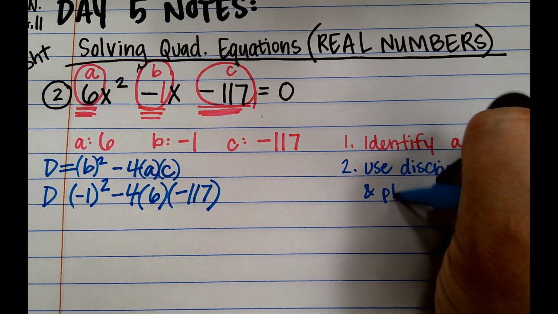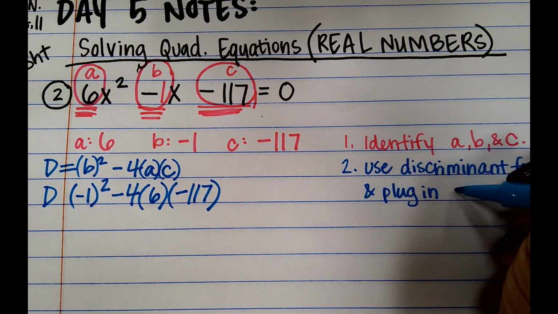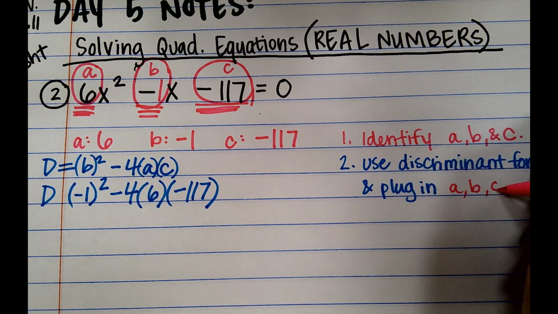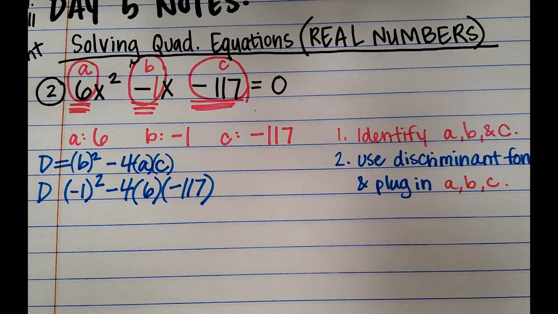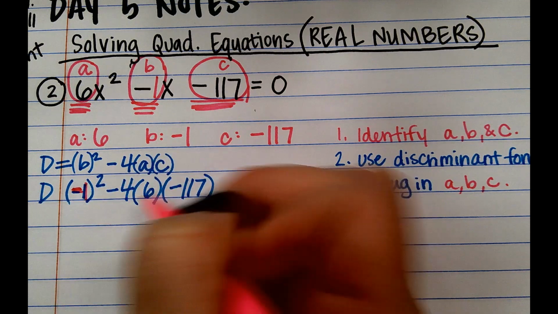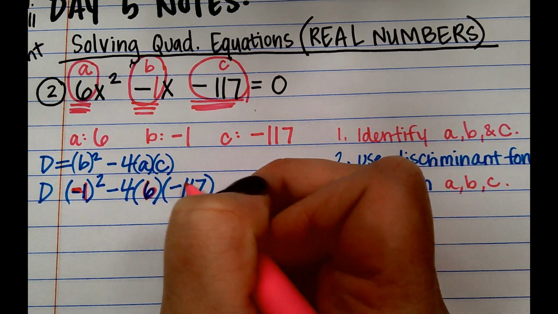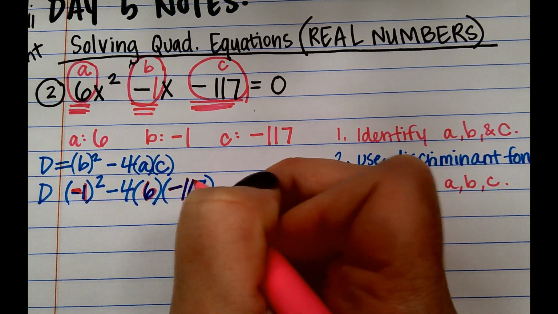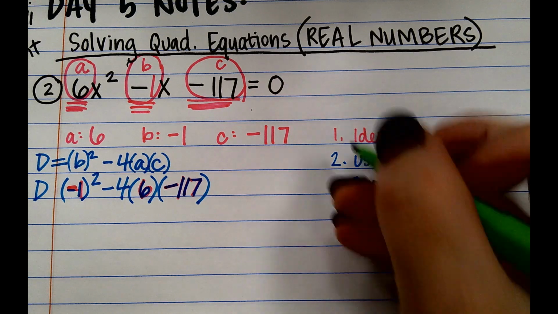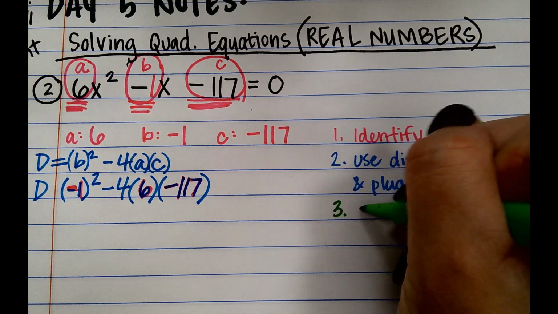And plug in A, B, C. Okay, so I've plugged everything in. Now you're going to simplify. Find your discriminant. Yeah, now I want to simplify and actually find the discriminant. And I'm going to write, for step 3, simplify from left to right.